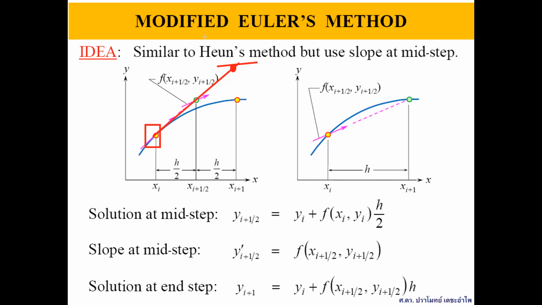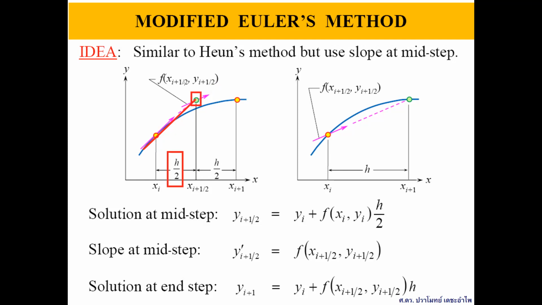But for the idea of the midpoint or modified Euler, we will not use the endpoint. We will use the Euler just to mid-step. We will choose just a half step size, and after that, we get this point.